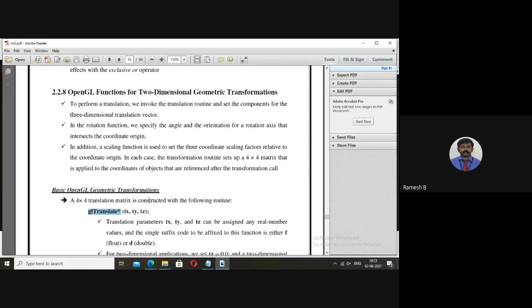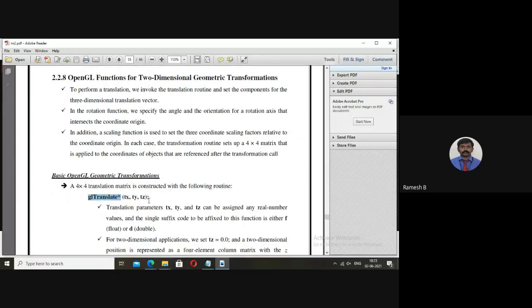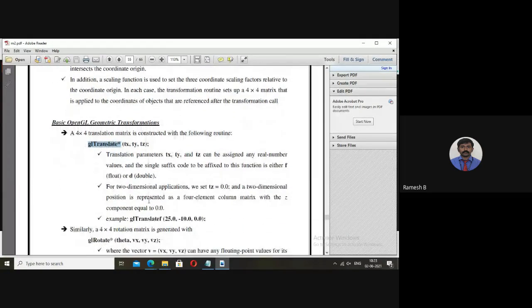So you can see that the translation takes three coordinates tx, ty, and tz. Now you see in this example we have taken 25 and minus 10.